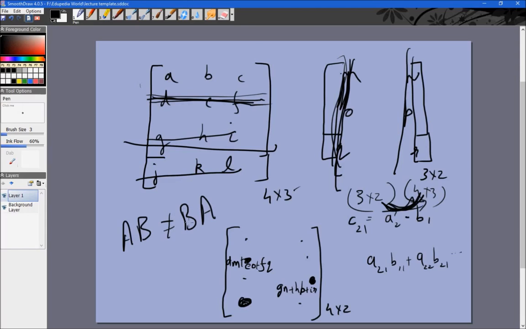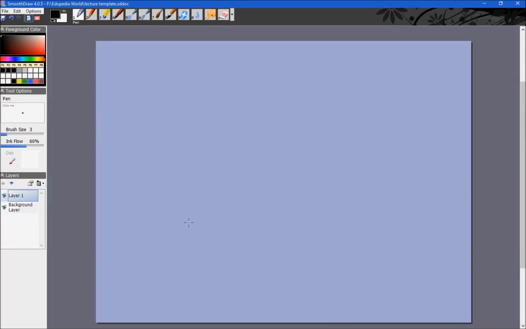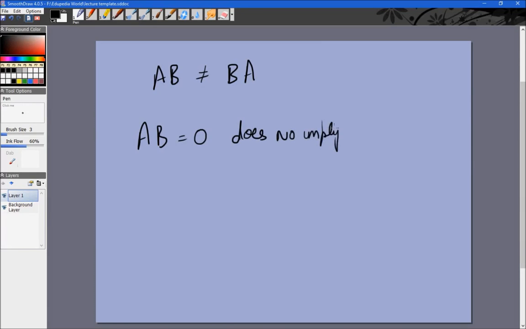There are some other unusual properties of matrix multiplication which I'd like to show you now. So the first one we got, AB not necessarily equal to BA. It's possible it might be, but not necessarily. The other is AB is equal to 0 does not imply A is equal to 0 or B is equal to 0, as it is with numbers.